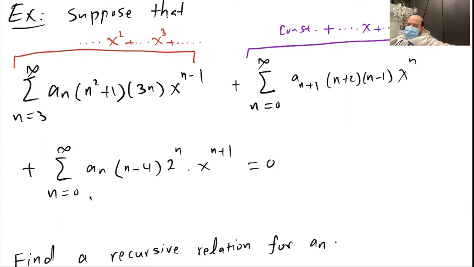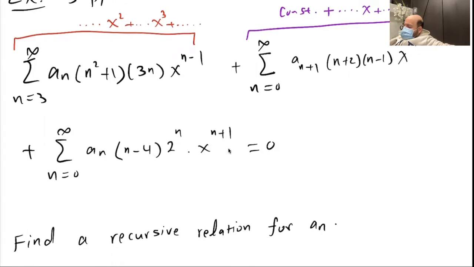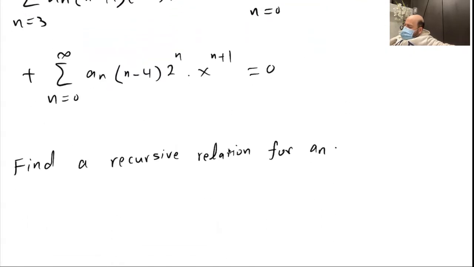What about the next sum? It's x to the power n plus 1, and n starts from 0. If you replace n with 0, it will be x to the power 1, which means the x term, and then the x squared term, and so on.